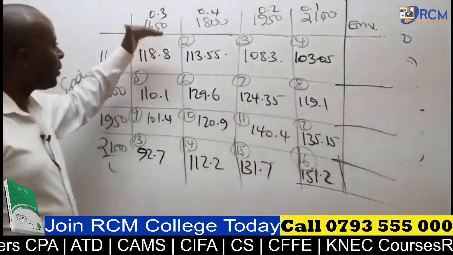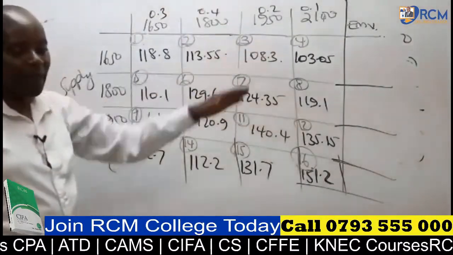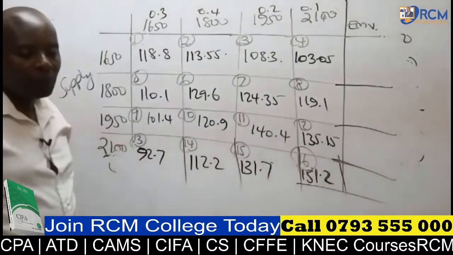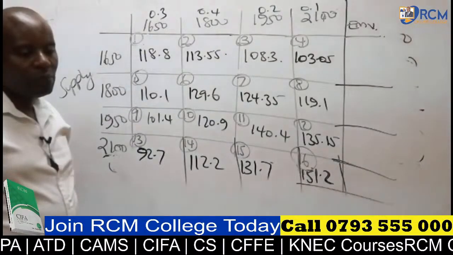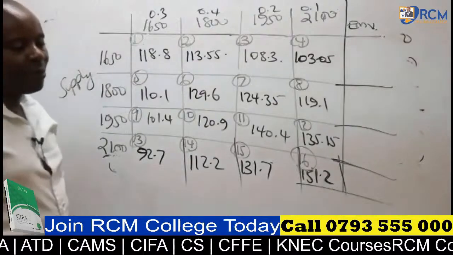So how do we get this? We are taking this times probability plus. You give me an answer there: expected profits, or expected monetary value.